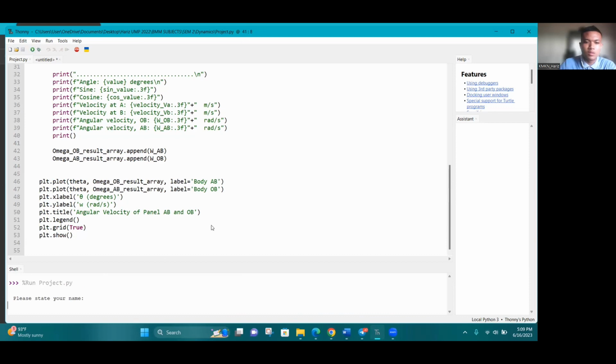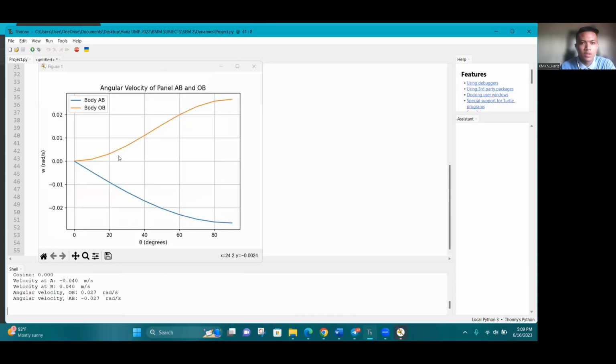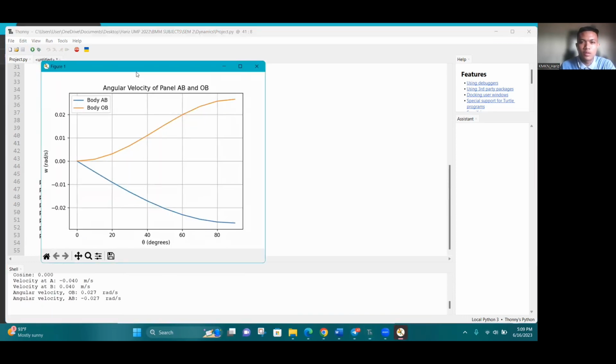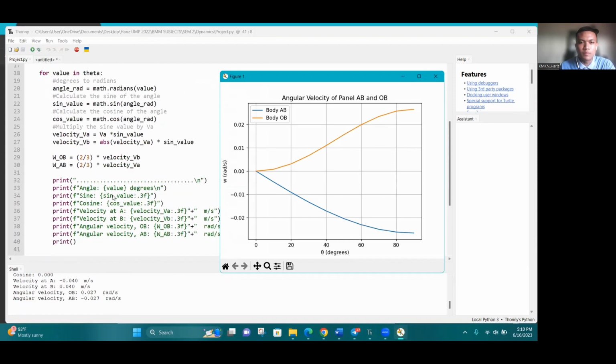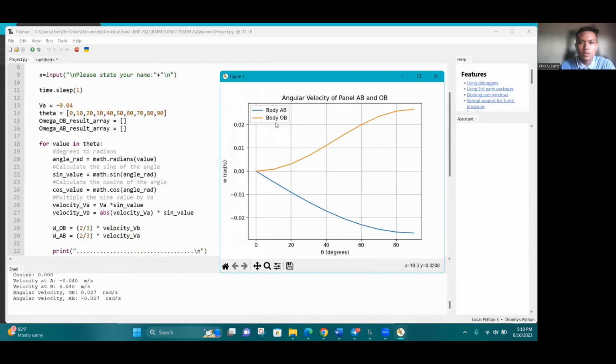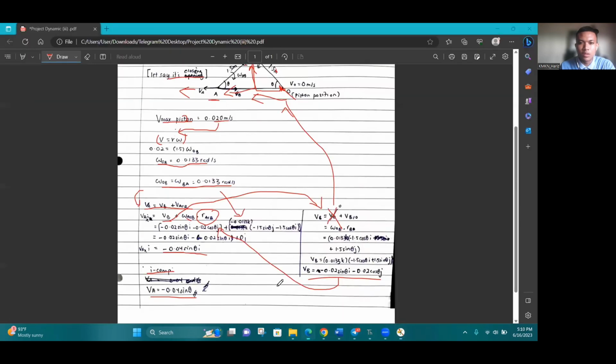Enter your name first. So see here, this is our graph for our project. We look at the body OB, the orange one, which is positive. The body AB, omega AB, is negative. So let's confirm it.